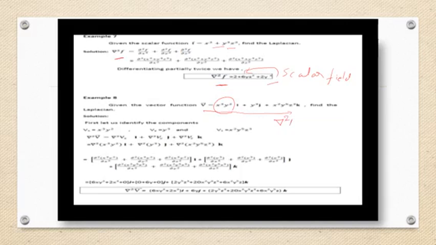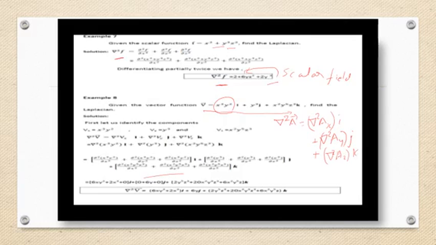When del square operates on any vector A, then you have to operate del square on its x component, then whole thing should be multiplied by i, plus similarly, del square operates on Ay, whole thing should be multiplied by j cap. Then del square Az, whole thing multiplied by k, that is i, j, k.